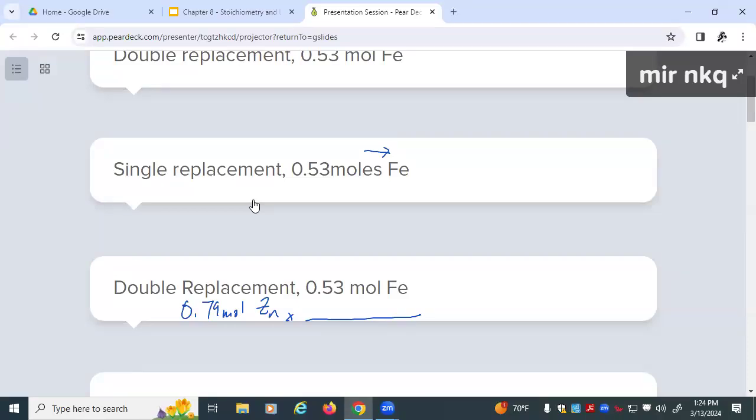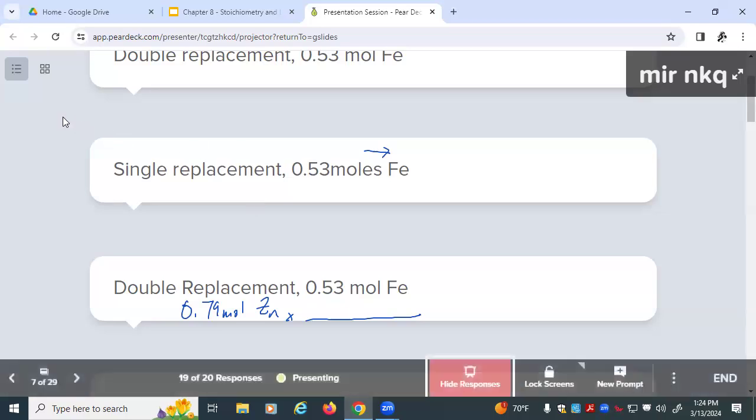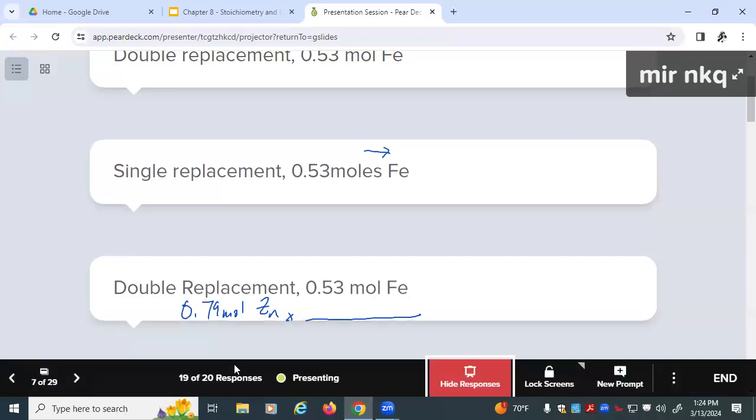You gotta remember, you gotta count the compounds on each side. Single replacement has 1 compound on each side, that's why it's a single replacement. Double replacement has 2 compounds on each side, that's why it's double replacement. So you want to change your answer because you want to feel better about that? I won't tell anybody.